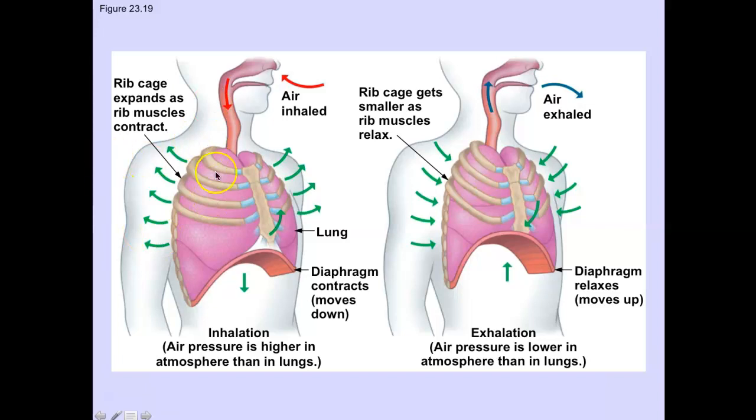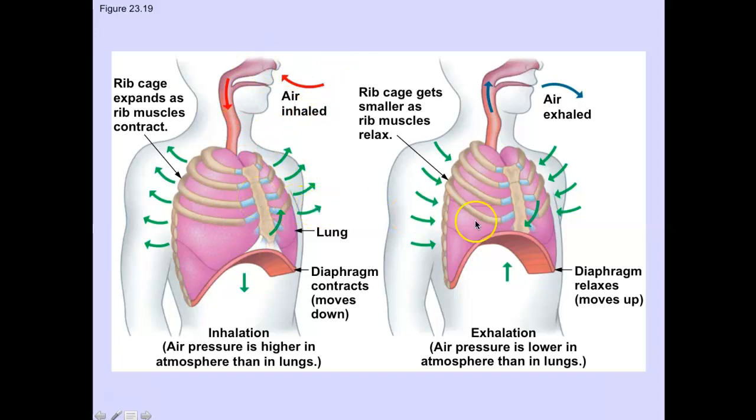When the pressure drops, we call that negative pressure, and the air from the outside is naturally going to get drawn into your negative pressure space. So that is how we inhale. We don't forcefully pull the air in like we think we're doing. Rather, we're creating a negative pressure within our thoracic cage that creates this natural flow of air in.